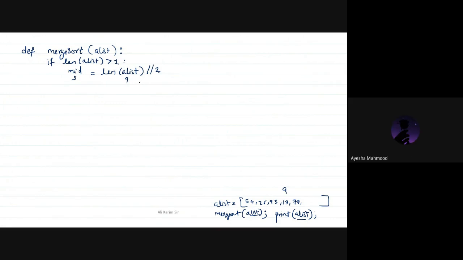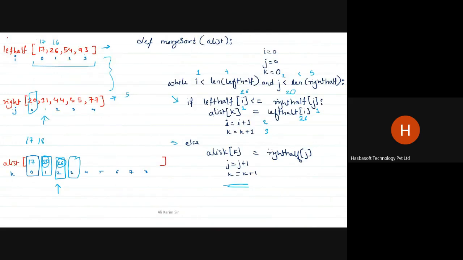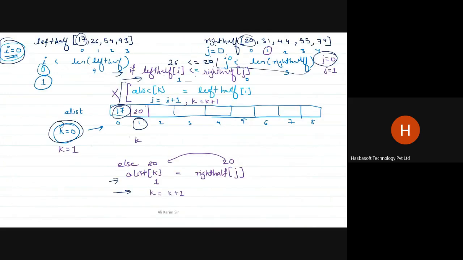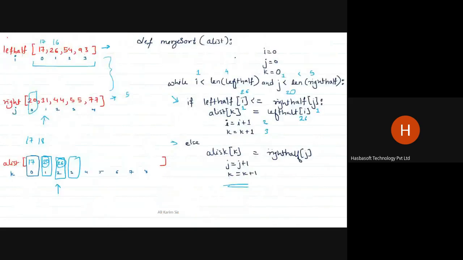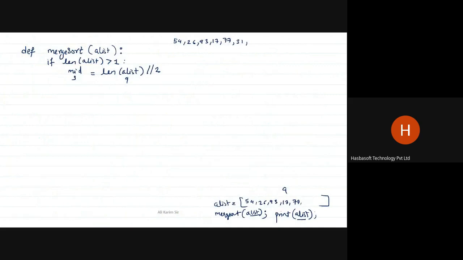Yes. So what I am doing, I got, suppose, 54, 26, 93, 17, 77, 31, 44, 55, and 20.